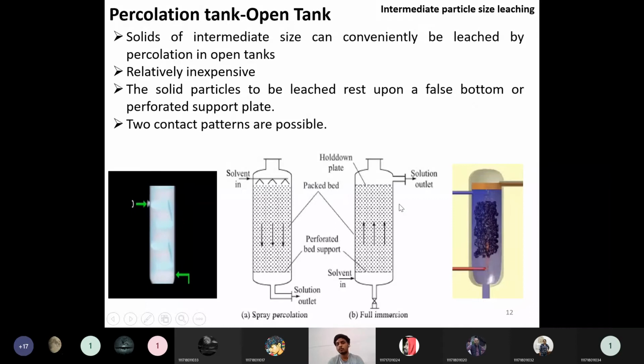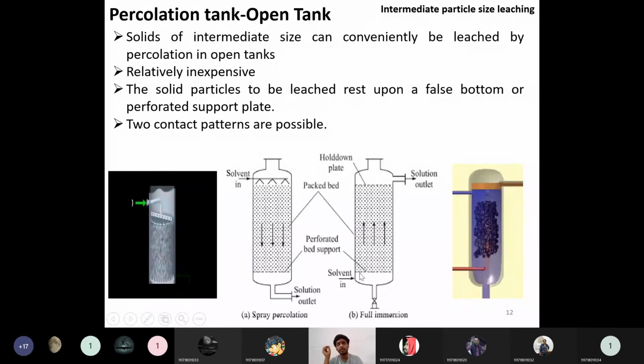Usually in both cases, a false bottom, or a perforated plate, is situated as a support plate. This is nothing but one type of screen, and the perforation diameter depends on the particle size.